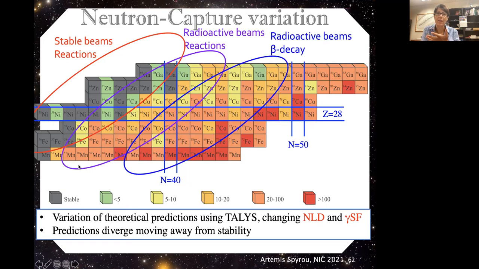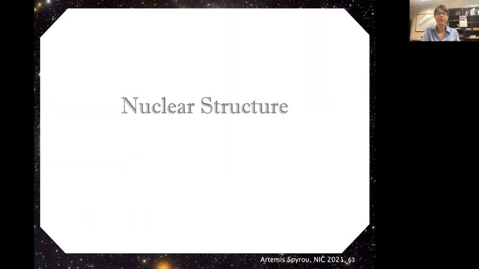And then with beta decay, you can shoot quite a bit further out. So this is, again, a complementary approach of the various techniques, because with beta decay we cannot go much closer to stability. The beta decay Q value, the available energy, is just too small. And with the radioactive beam, with the reactions, we cannot go far away. And so these are completely complementary.